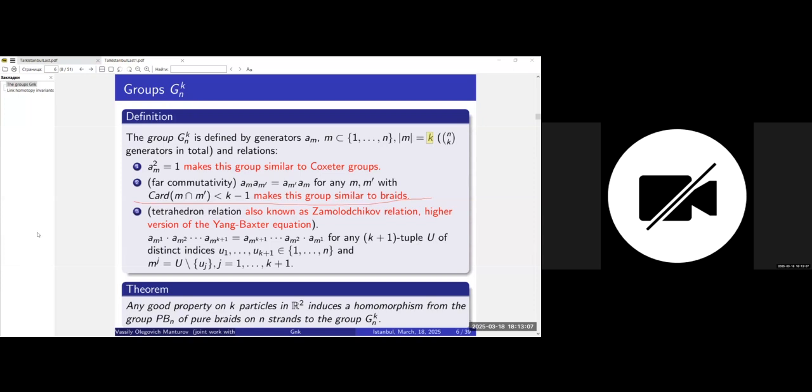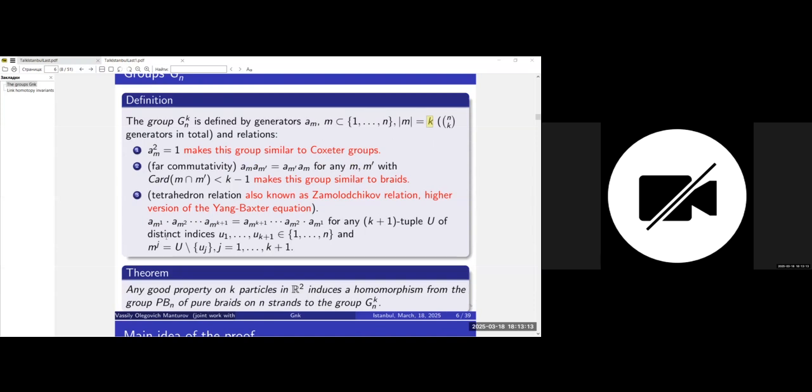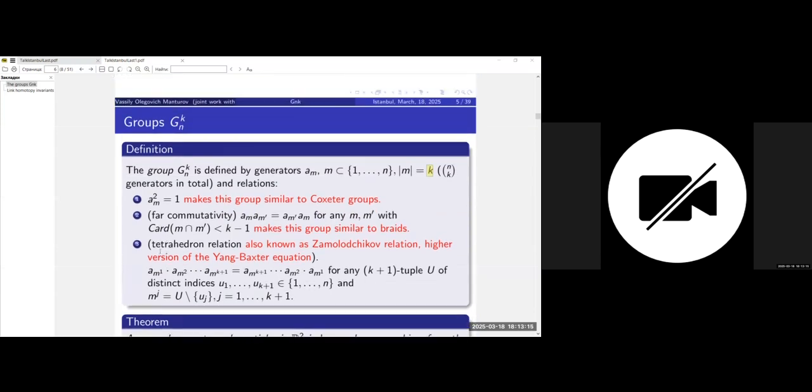You will see why. And also, the most interesting and the most important relation is as follows. Assume we have some (k+1)-tuple of distinct indices u_1, ..., u_{k+1}.